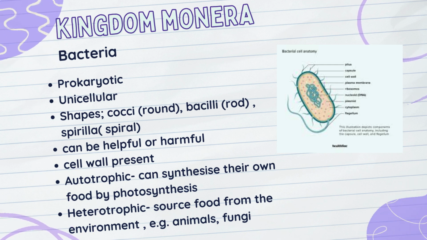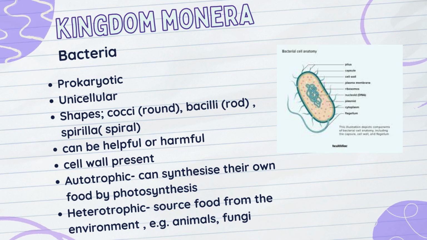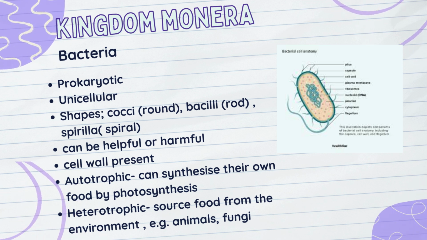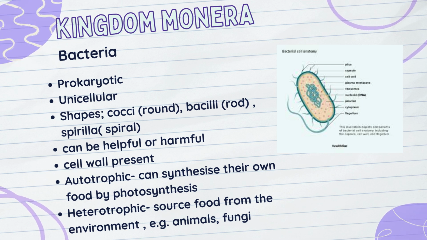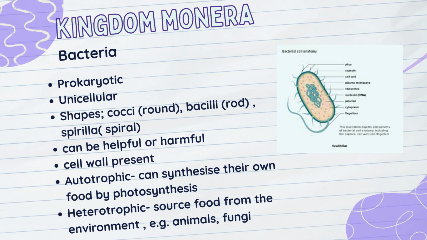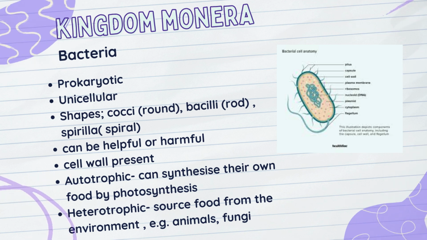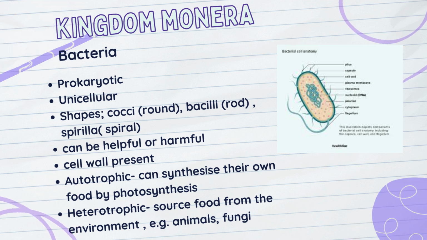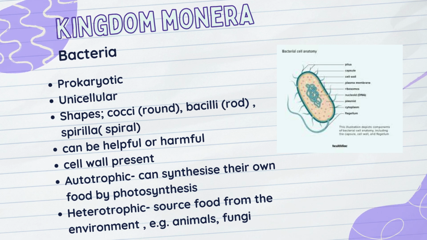Some other characteristics of bacteria is that they do contain a cell wall. They are either autotrophic, meaning they can synthesize their own food by photosynthesis, meaning they have chlorophyll, or they're heterotrophic, meaning they source their food from the environment, either from other animals or fungi.